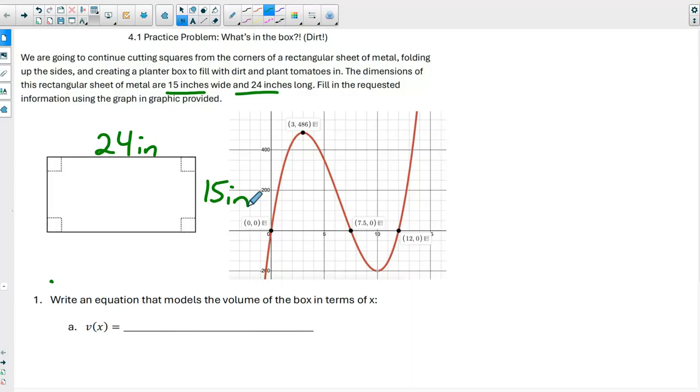We're going to use the same box for the next 4 questions. Okay, so once you draw it once, you have it.